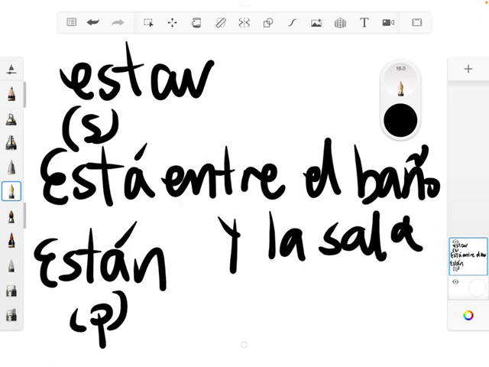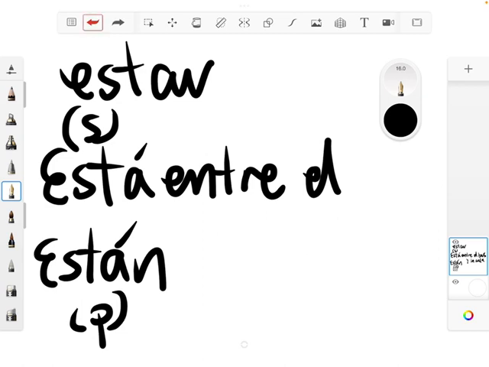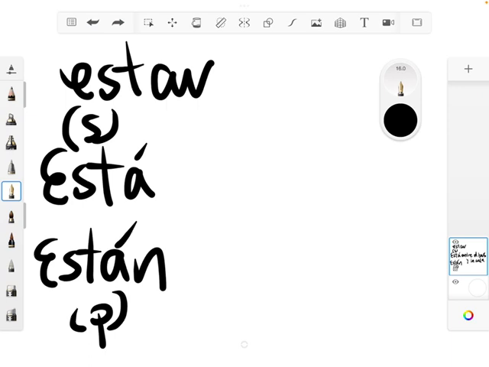There you would need two different things to be between. Lejos de is far from, and sobre is on or over. So those are really handy words, phrases that you can use to express location. And for those, you would need to memorize them, of course, as vocabulary terms so that you can use them. And then they give us the examples here, how to say where something is located.